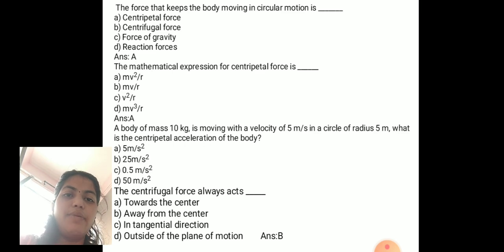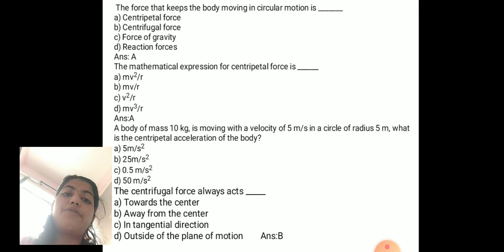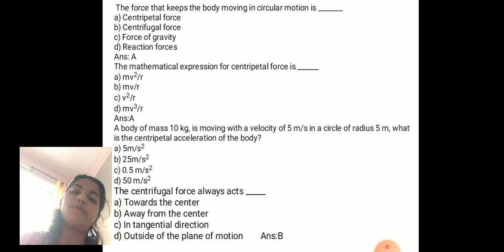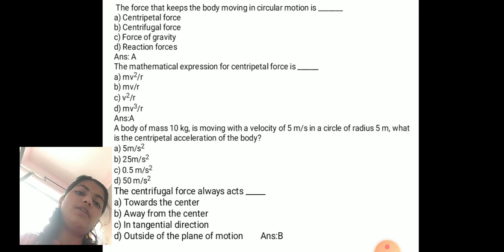The centripetal force is toward the center, and the totally opposite one, the centrifugal force, is away from the center. It means that when a body's motion is away from the center, there is a centrifugal force acting on it, and when a body has motion towards the center, it is known as centripetal force.